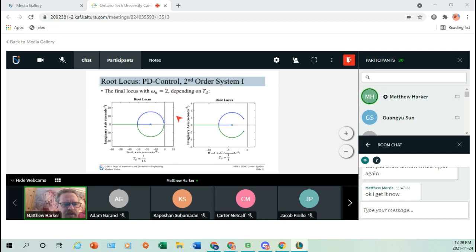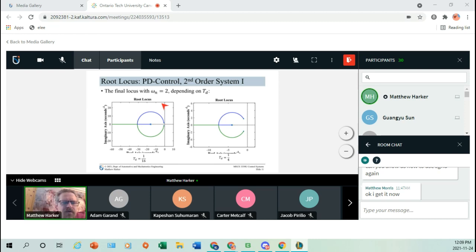If we think back to our example of just the P control, we had those 2 poles there, on our circle of radius 2. What we had with the P control is that the locus went parallel to the imaginary axis, basically off into infinity in the vertical direction, positive and negative.